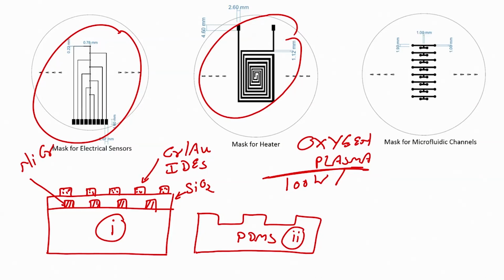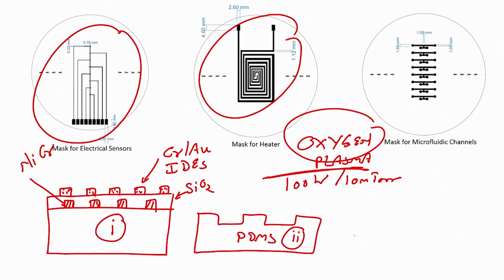Is it correct? No, right. Initially nitrogen can be used, but then we require oxygen. So, 100 watt of power and about 10 millitorr of oxygen. Okay. There is a generation of plasma that will functionalize the surface, so that it is ready for bonding.